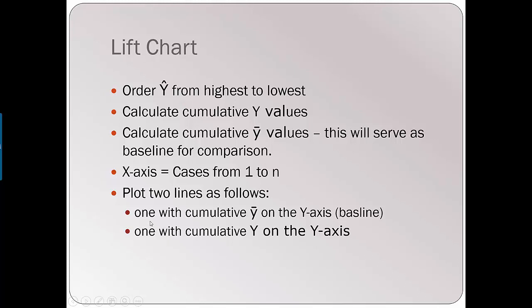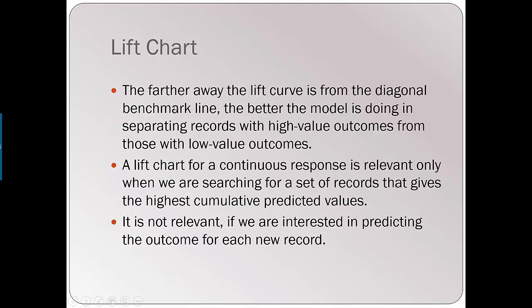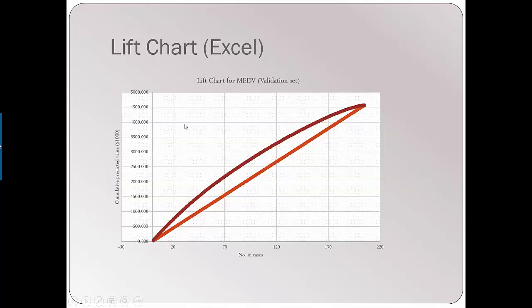Plot two lines: one is cumulative y bar, which is your baseline, and the other is cumulative y. Remember, before you plot this cumulative y, you have to first sort your data in descending order of y hat. Then this is what a lift chart would look like.